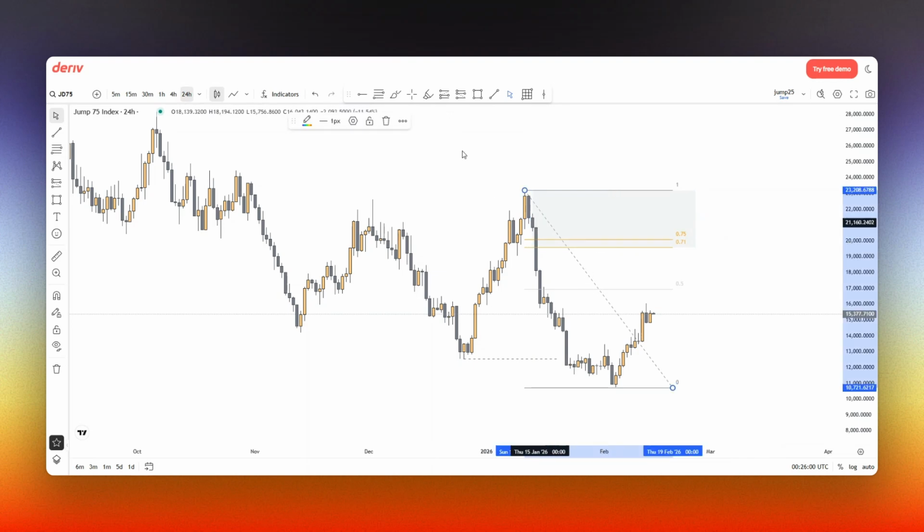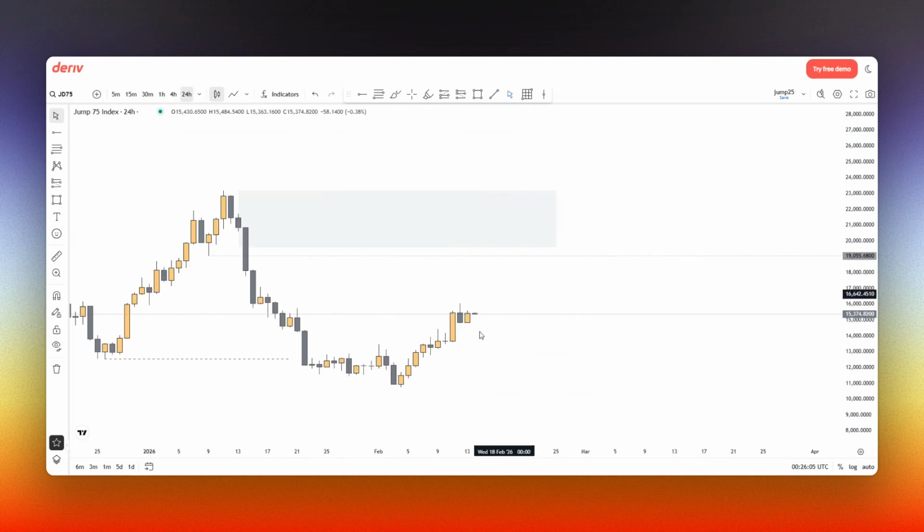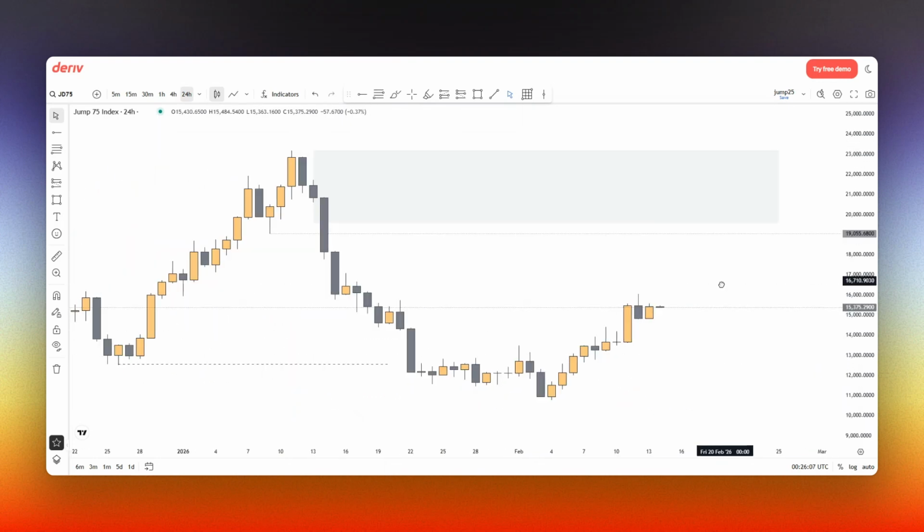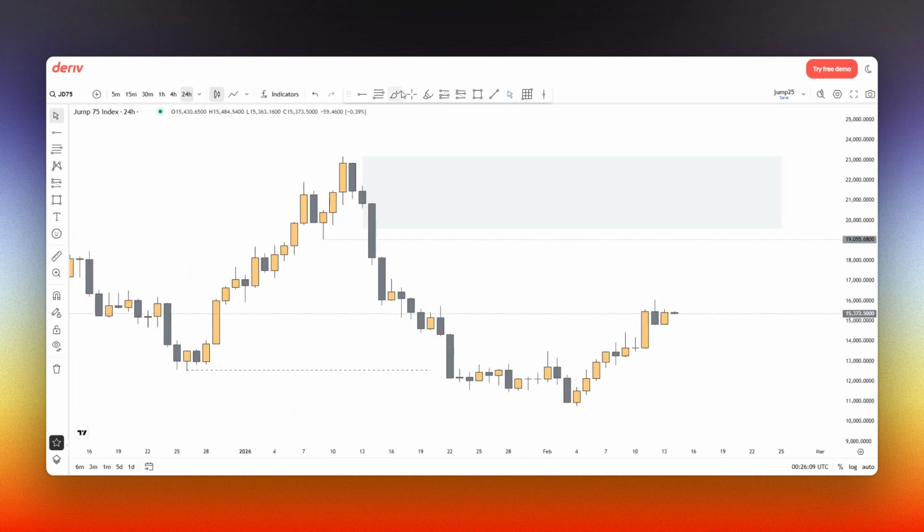These levels are a key area of interest, and also I can see that, on this level, the market broke that low. So yeah, it's something I should consider.